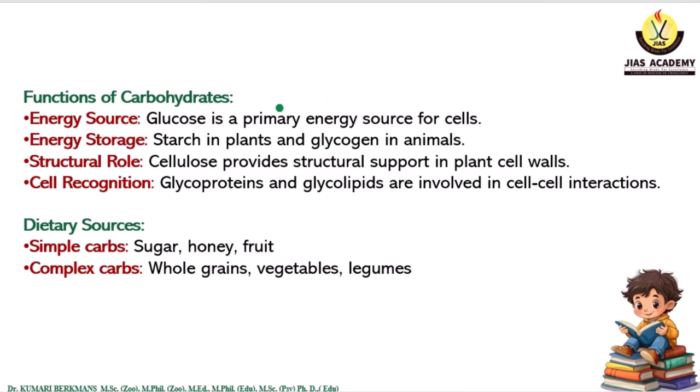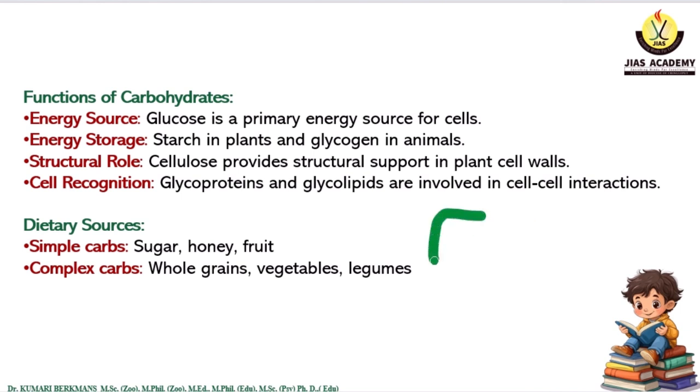Functions of carbohydrate. Energy source: glucose is a primary energy source for cells, and for energy storage, starch in plants and glycogen in animals, that we have seen already. And structural role: the cellulose gives an important role in making the plant cell walls. Cell recognition: glycoproteins and glycolipids are involved in cell-cell interaction.